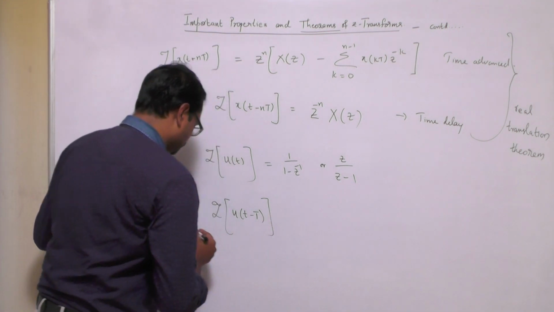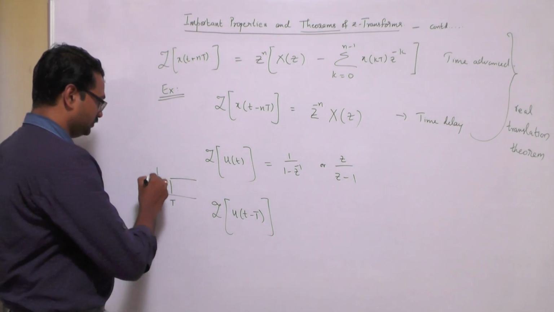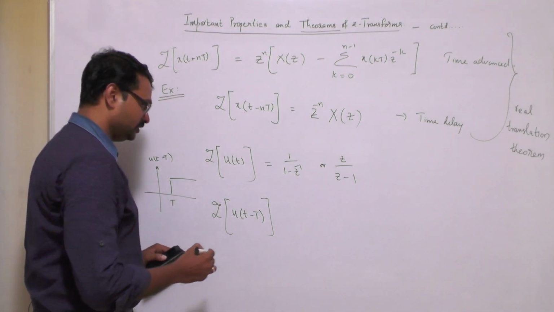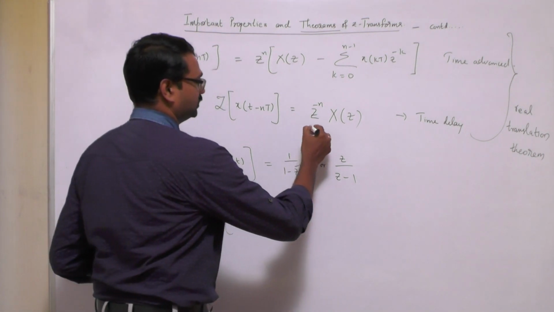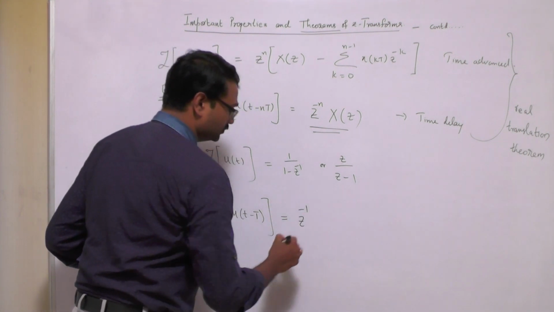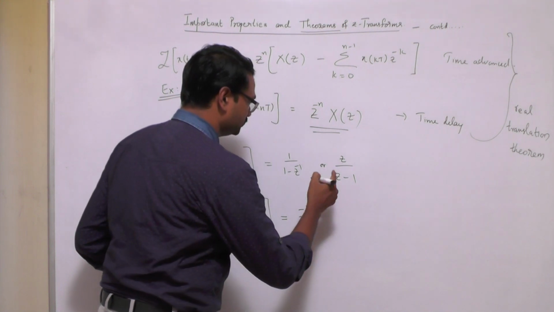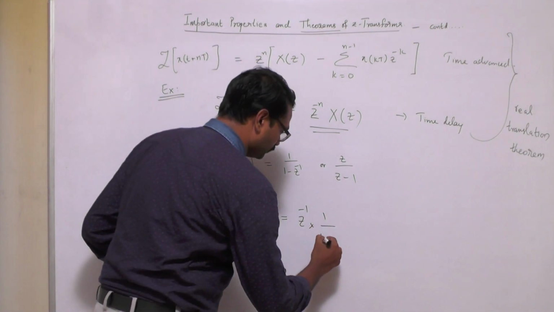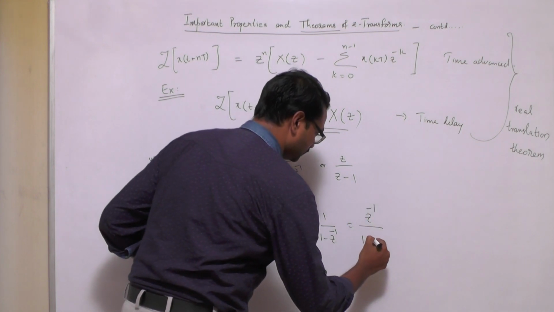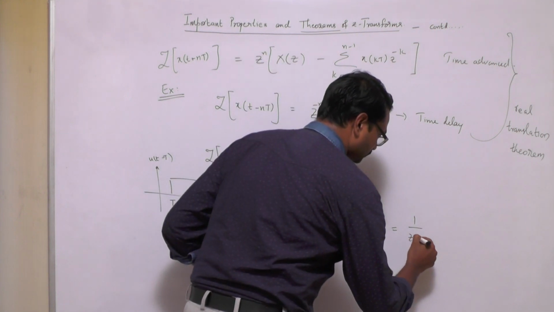At time t equal to 0 this is u(t-T). It is delayed by 1 second, therefore z^-1 into X(z), which is 1 by 1 minus z inverse. Therefore you can call it z inverse by 1 minus z inverse, or 1 by z minus 1.